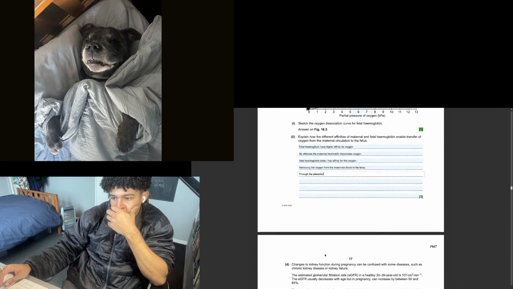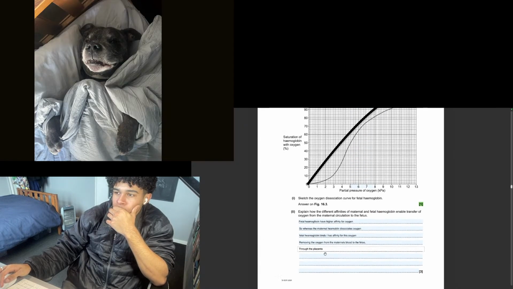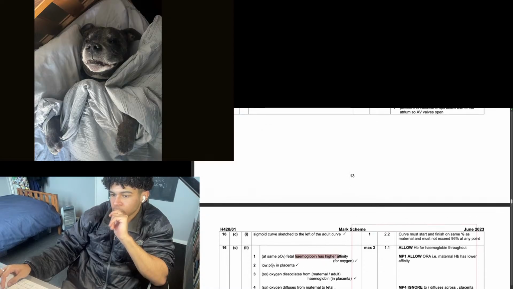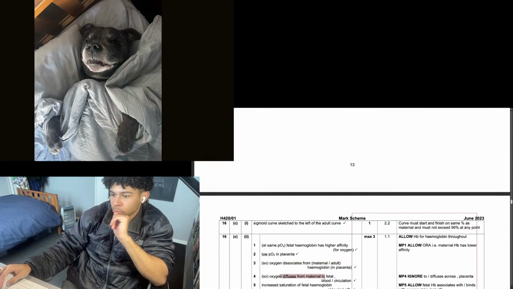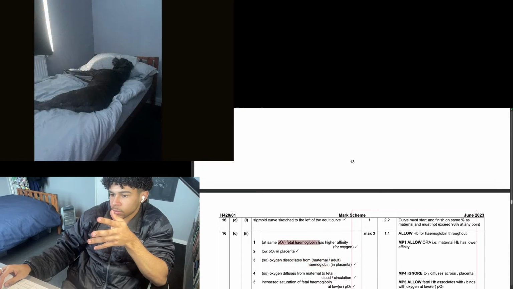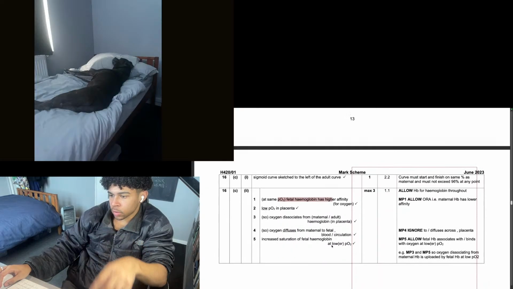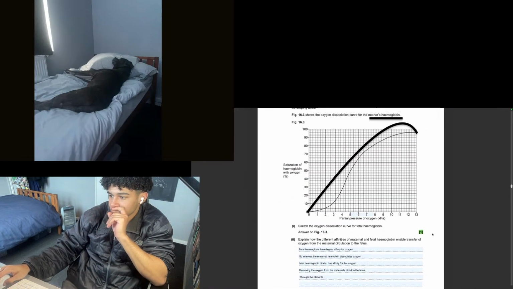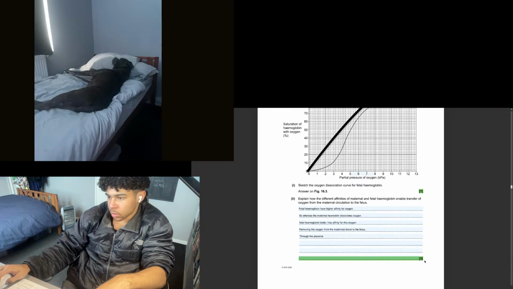I think that's all I could really say. So I'm forgetting to explain my point. Yeah, fetal has higher affinity. Oxygen dissociates. Oxygen diffuses from maternal. Okay, yep. I said it changes, dissociates, higher affinity. So I got 3 marks there. I should have said something else. I should have said increased saturation.